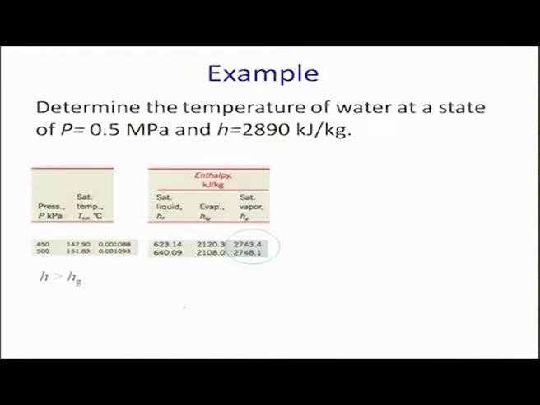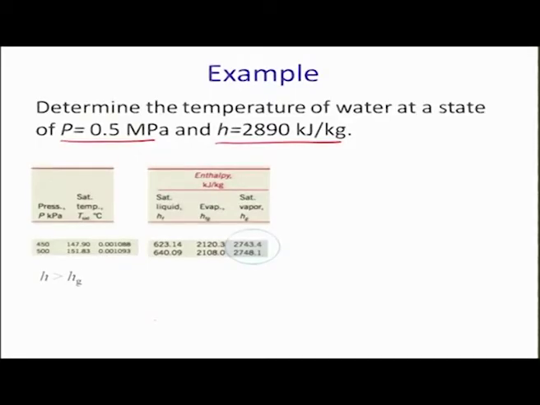Here we have a system at a state where the pressure is defined and enthalpy is given, and we need to find out the temperature. Since we do not know whether the system is superheated, saturated, or compressed, we need to first find out the possible state.